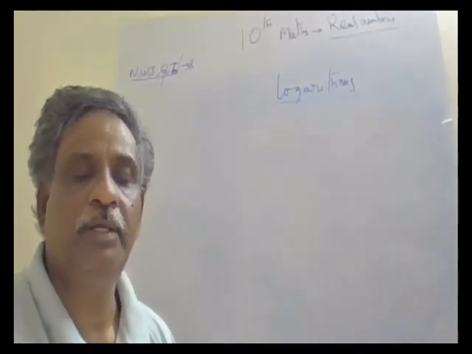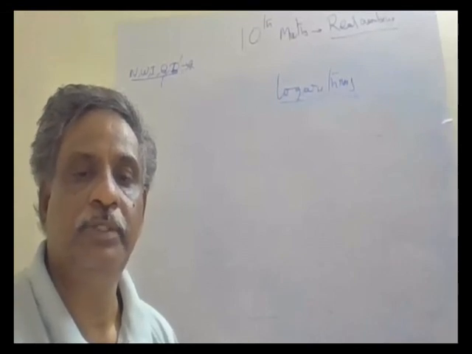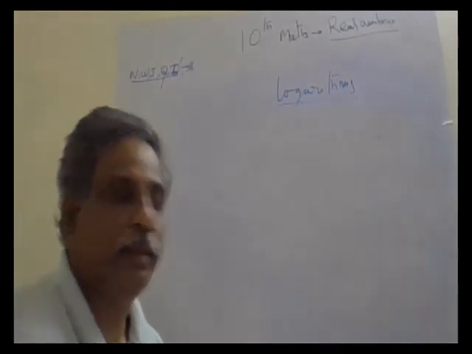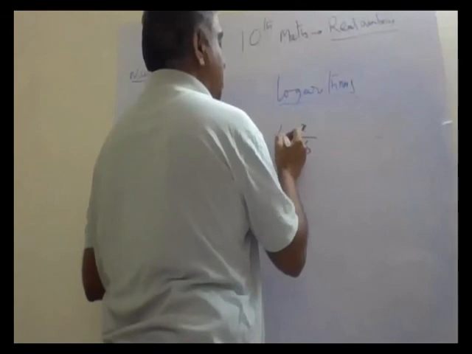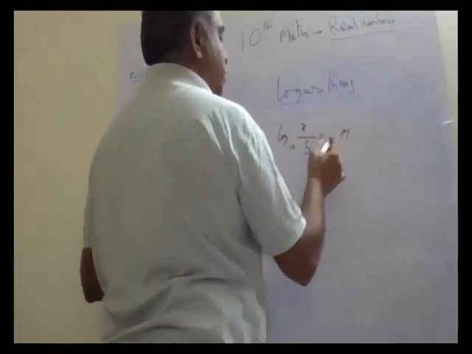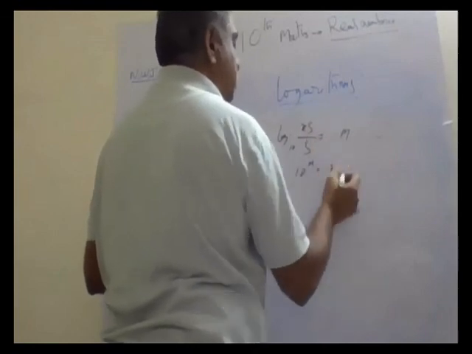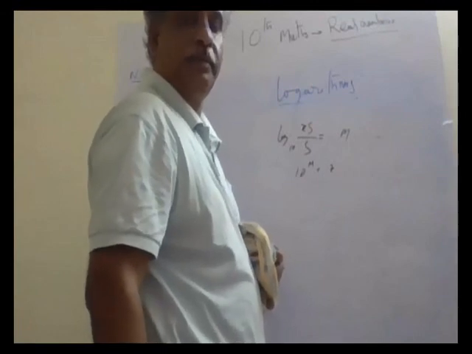Then M is equal to log of x to base 10. Suppose it is x times S, giving M. Then 10 to the power of M is equal to x.